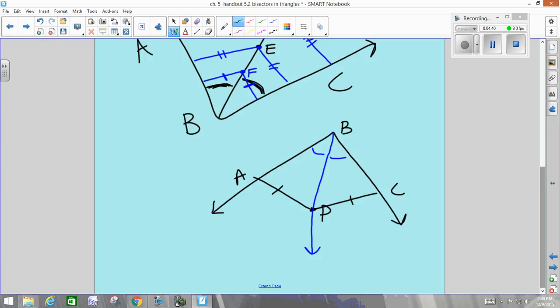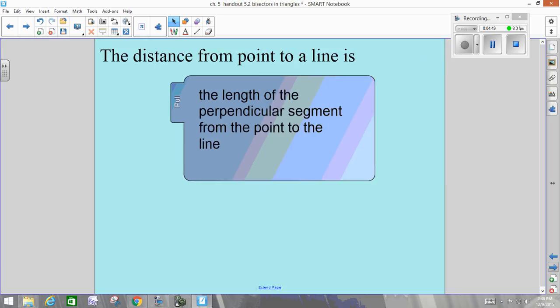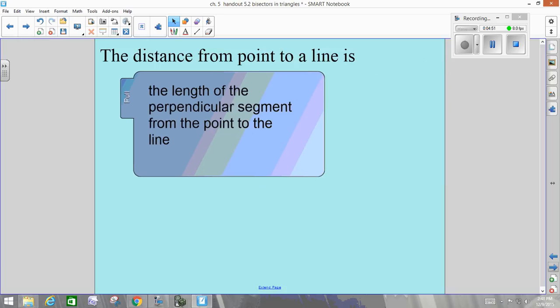All right, hopefully you've flipped it over and you're at the bottom of page 2 where it says the distance from a point to a line is the length of the perpendicular segment from the point to the line.